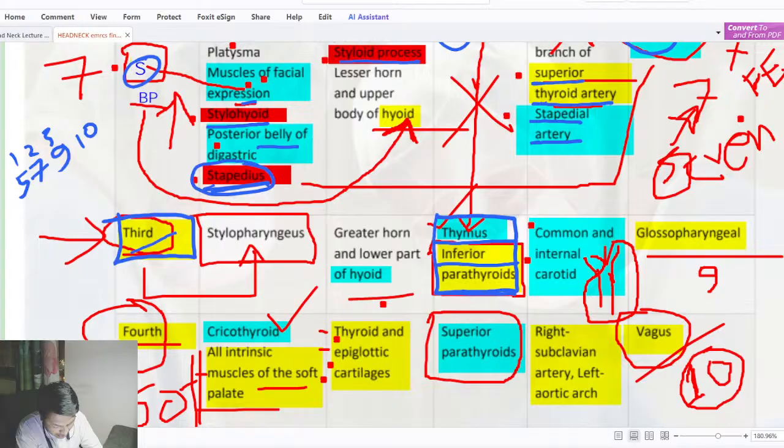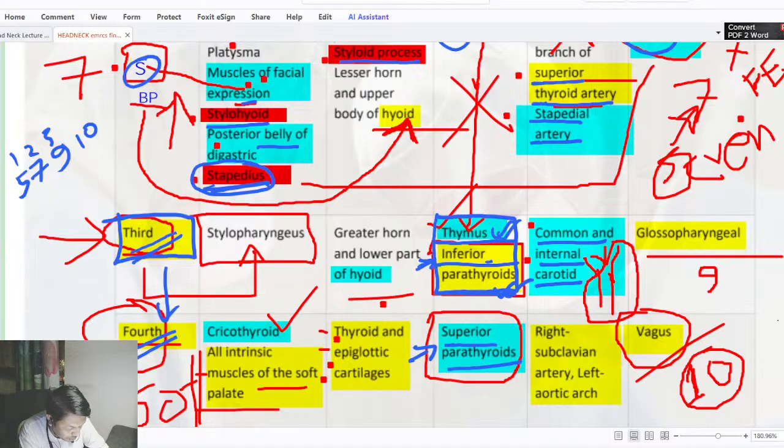Then when the fourth develops, it has the superior parathyroid. First the third, inferior level, then the fourth, superior level of parathyroid. T for T: thymus, inferior parathyroid. Here they have common carotid artery and internal carotid artery.